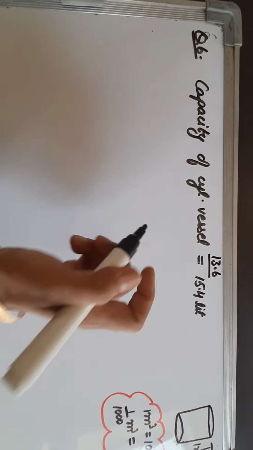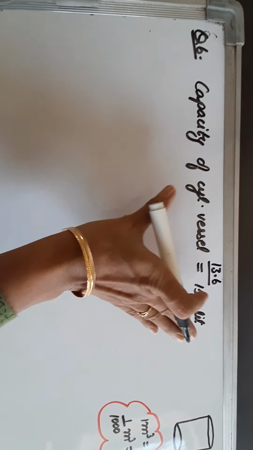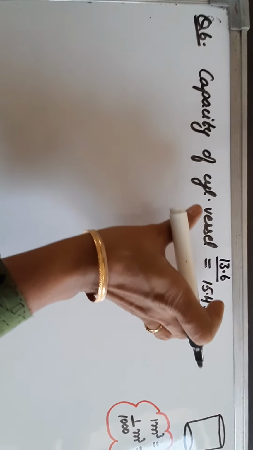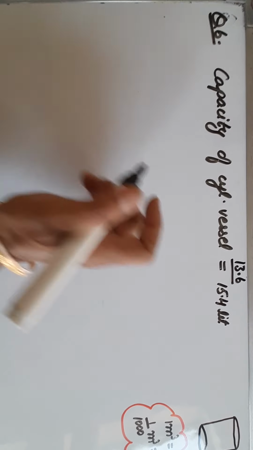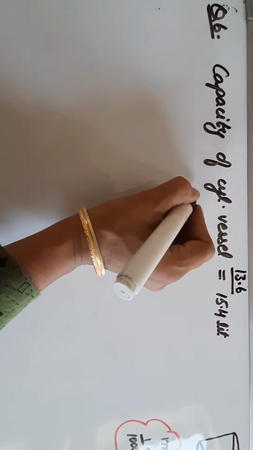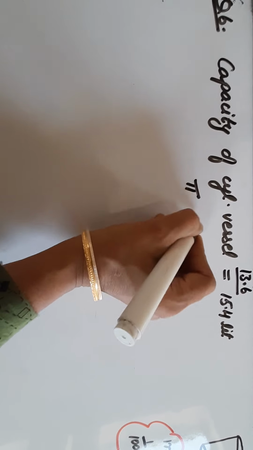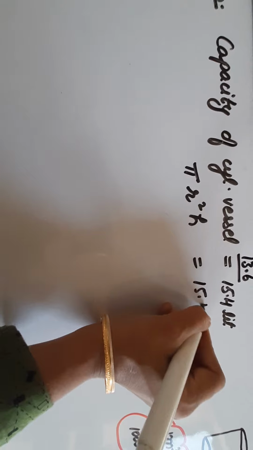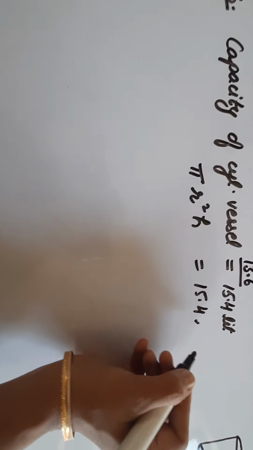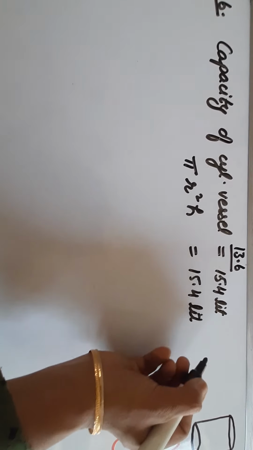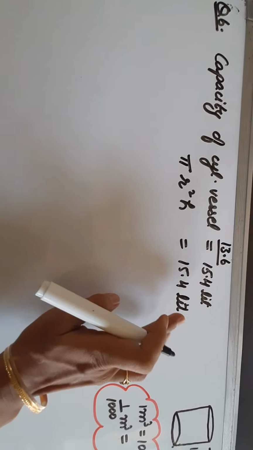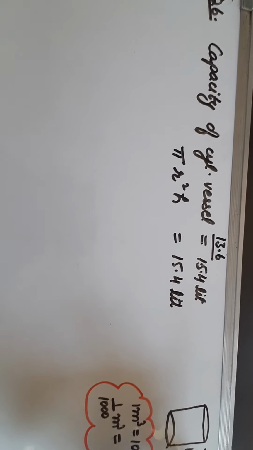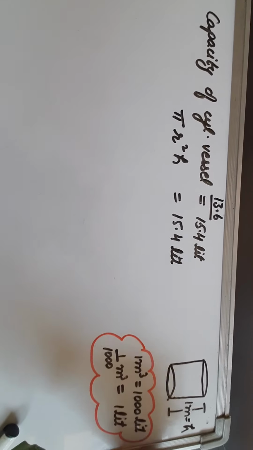So as I told you, whatever is given to you, start doing the question from that. Now the cylindrical vessel capacity is given to you, so let us start with this capacity. The formula is pi r square h, equals 15.4 liters. But dear students, the volume is given to us in liters, but the height is in meters.